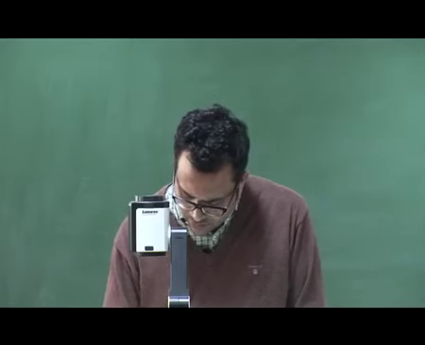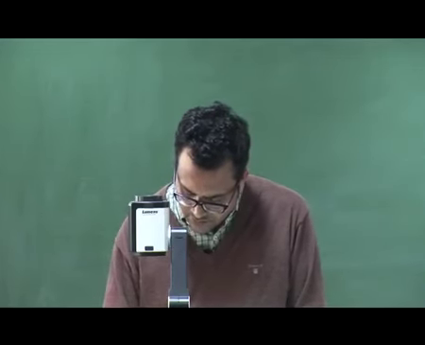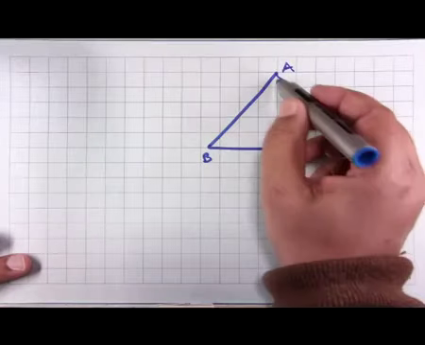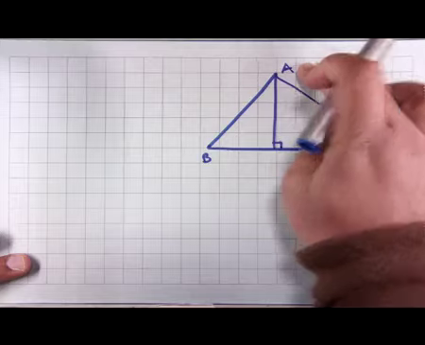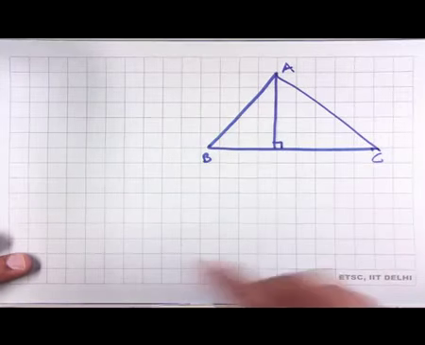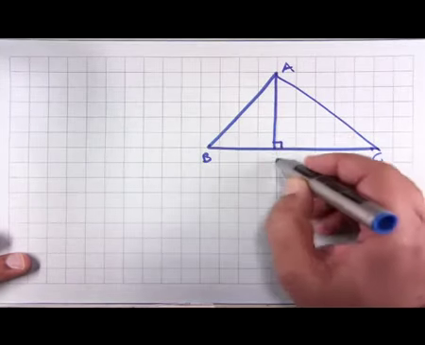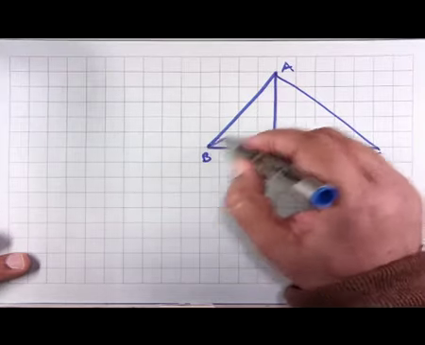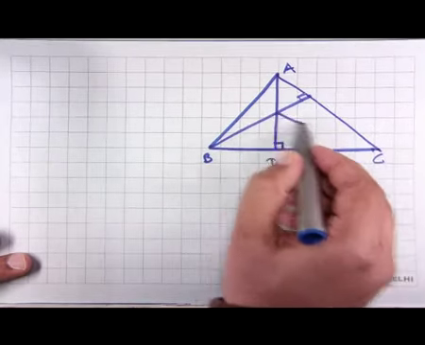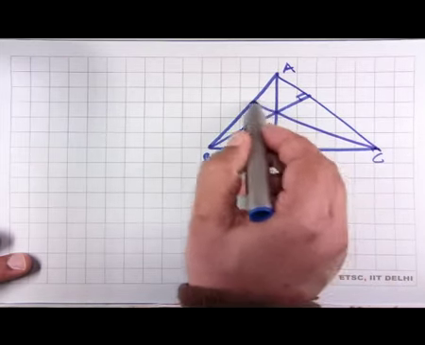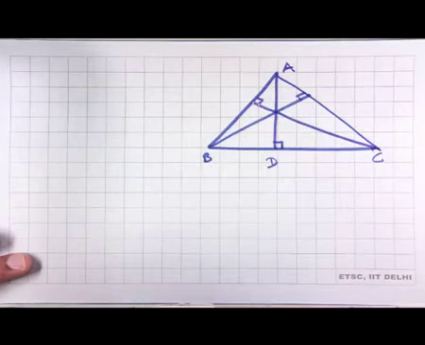So, let us again draw a triangle ABC. So, now we also draw the perpendiculars from a vertex to the opposite side. So, these are the 3 perpendiculars.